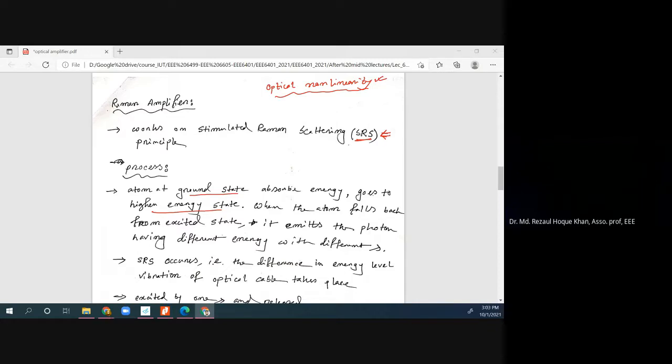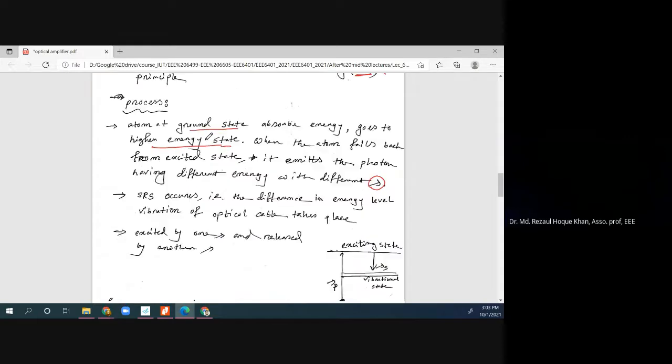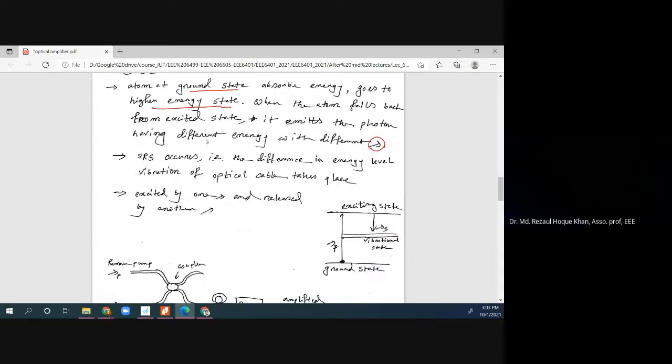Okay, from the ground state, the atom must go to the higher energy state, right? When the atom falls back from the exciting state, it emits a photon having different energy, with a different wavelength lambda. This mechanism is saying that the atom is initially in the ground state, right?